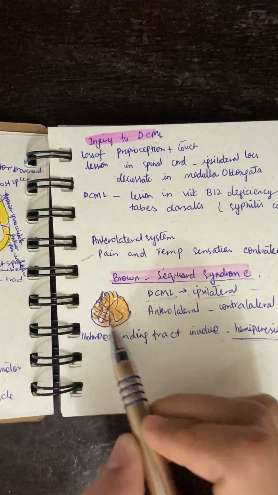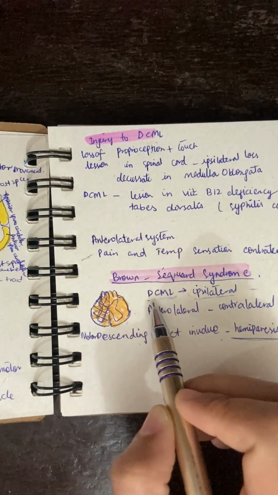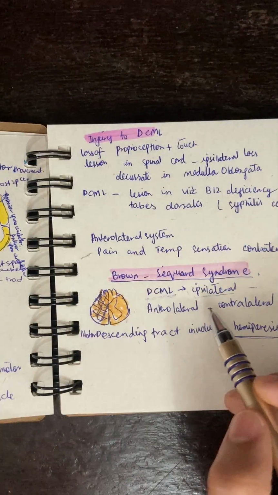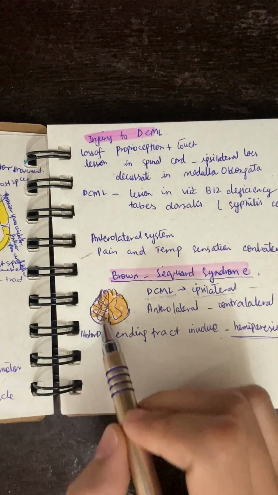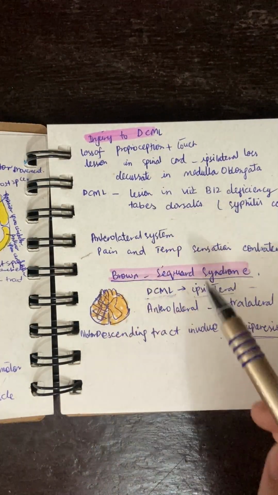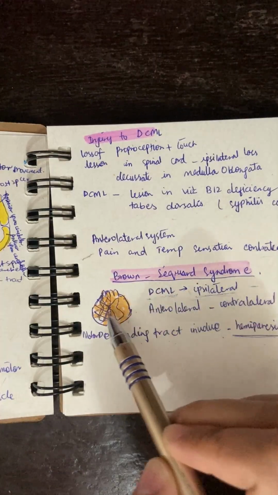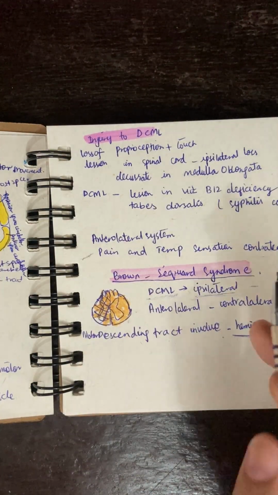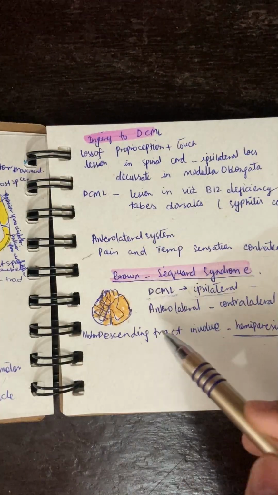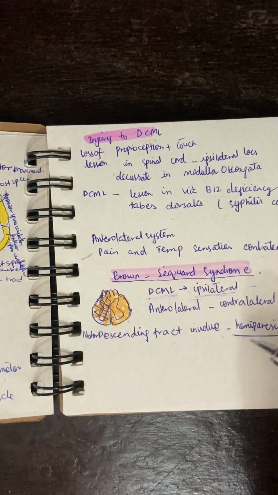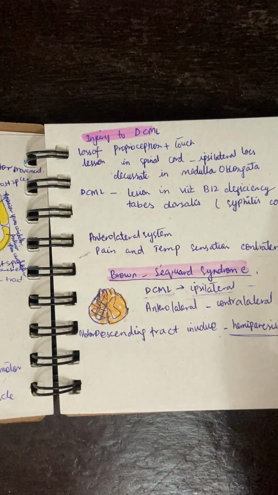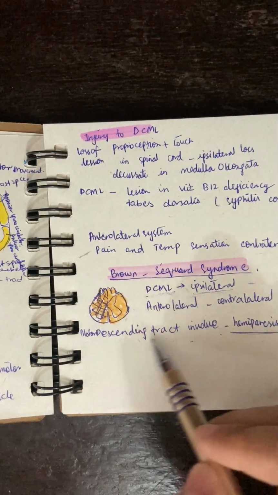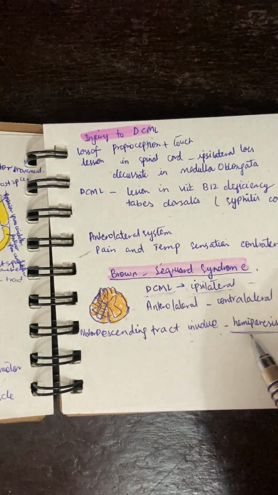If half of the spinal cord is involved, then there is dorsal column medial lemniscal pathway involvement, and as we have discussed earlier, there is loss of sensation on the ipsilateral side, and if the anterolateral tract is involved, then there is loss of sensation on the contralateral side. Now, in Brown-Sequard syndrome, there is involvement of motor descending tract, which can cause hemiparesis.